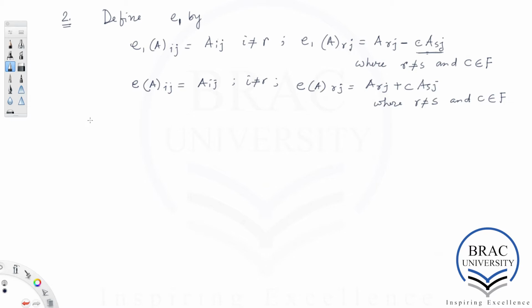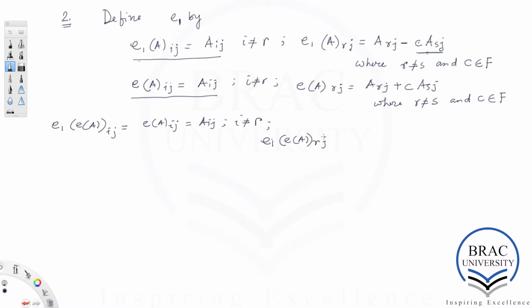Okay, so now check that E1 of E of A, like we did in the case of the first type, Ij using this definition is E of Aij, and E of Aij is equal to Aij, right, when i is not equal to r, and E1 of E of Arj, right, is equal to, now we are employing this definition.